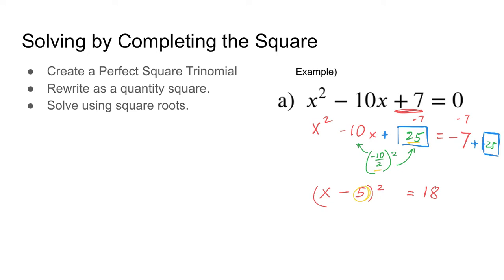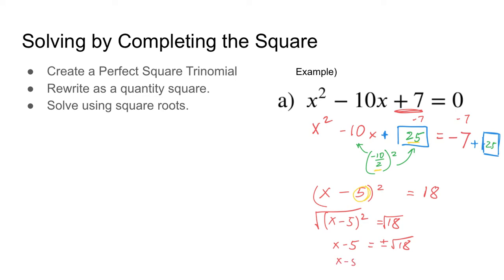Okay, so now that we have x minus 5 quantity squared equals 18, we can solve it like we were doing those other problems with square roots, by just taking the square root of both sides. It's extremely important that you don't forget the plus or minus. We have plus or minus the square root of 18, which I can simplify down.